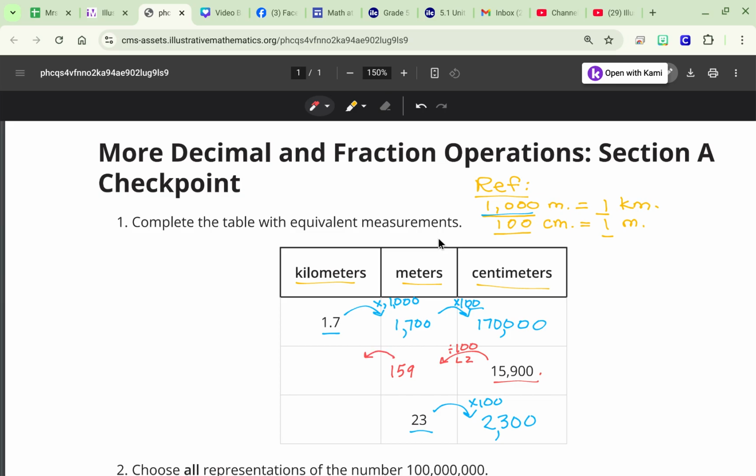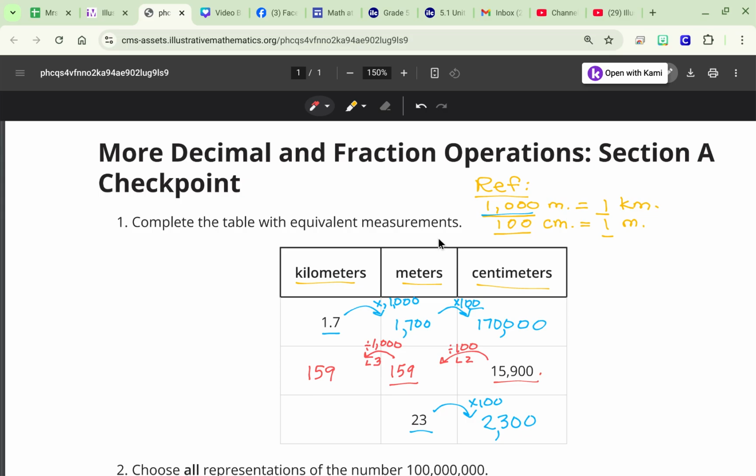Now to finish that row, I am once again going to a larger unit, because if I have 159 meters and I want to convert that to kilometers, I'm going to be dividing this time by 1,000. 1,000 has 3 zeros, so I'm going to be moving my decimal 3 times to the left because that will reflect how many kilometers are in this number of meters.